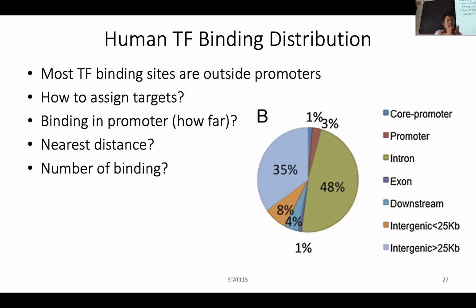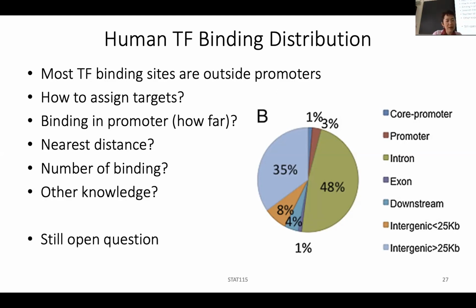You can imagine if you have one gene and nearby you have just one, say, estrogen receptor binding site. Another gene you look at nearby has like 10 binding sites. Usually we would believe that the one with 10 binding sites is more tightly regulated by the TF of interest, whereas if there's just one, we're not even sure whether it's working or not.